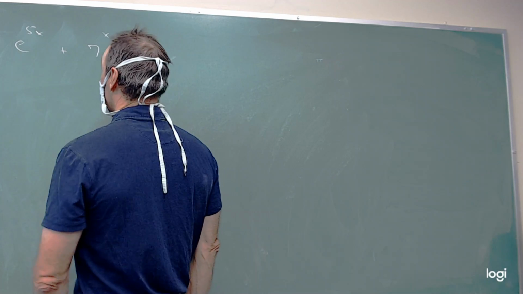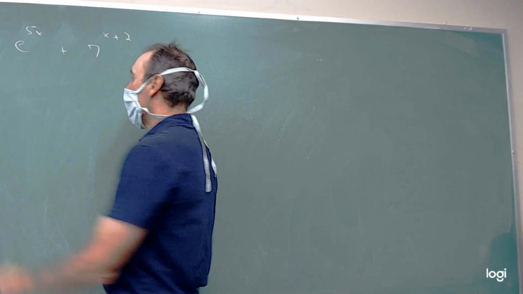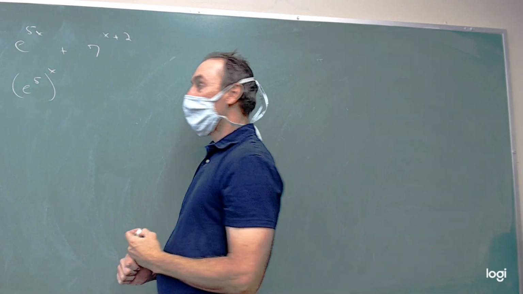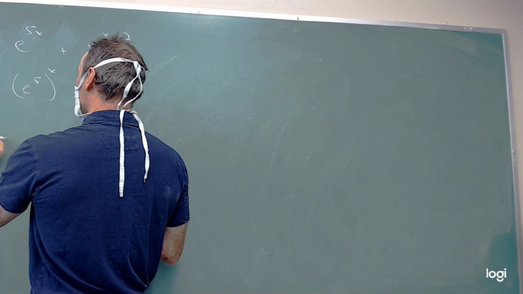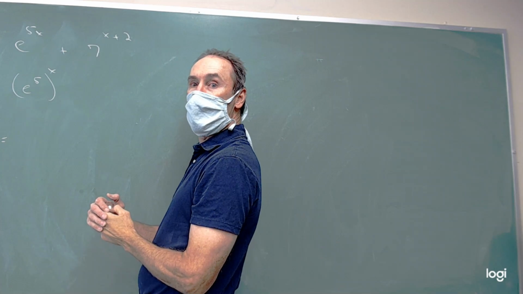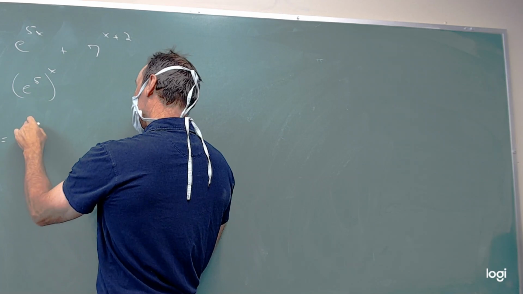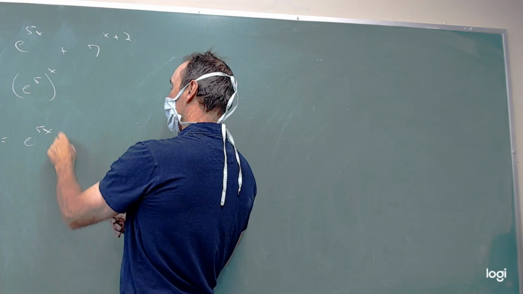So what are we doing with that e to the 5x? We're going to think of that as e to the 5th to the x. So that's still h of x. So when we go to differentiate it, we're going to get e to the 5th to the x, the same thing back, times natural log of e to the 5th.